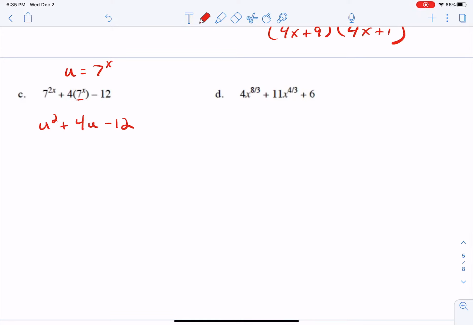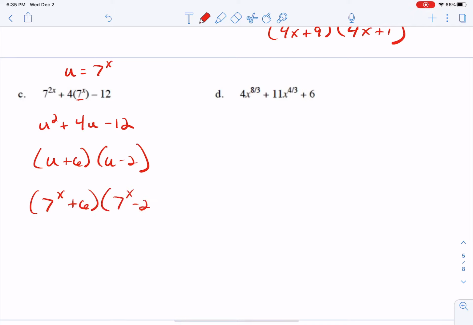That looks like a much simpler problem to factor. So I have u plus 6 times u minus 2. Substituting for u, I'm left with 7 to the x power plus 6 and 7 to the x power minus 2.